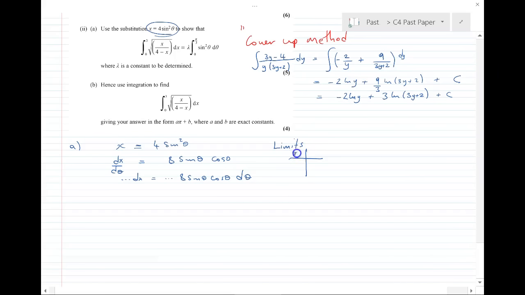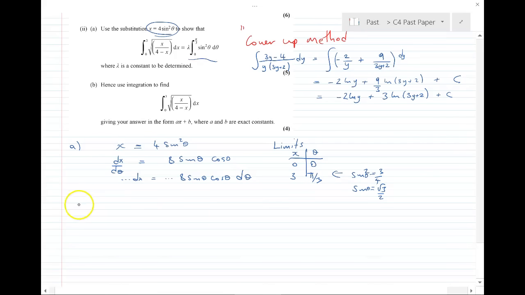When x is 0, theta is also 0, and when x is equal to 3, we can say that sine squared theta is equal to 3/4. So sine theta is square root of 3 over 2. So theta is equal to pi over 3, because sine of pi over 3 is square root of 3 over 2.